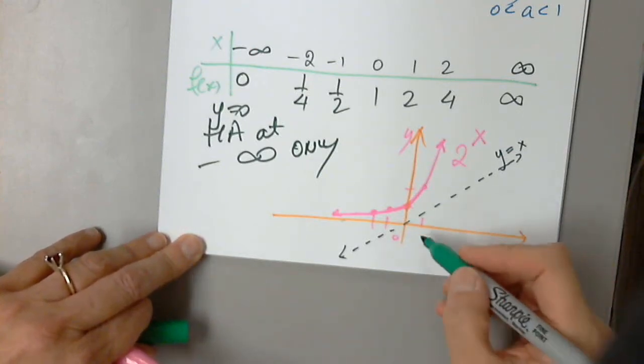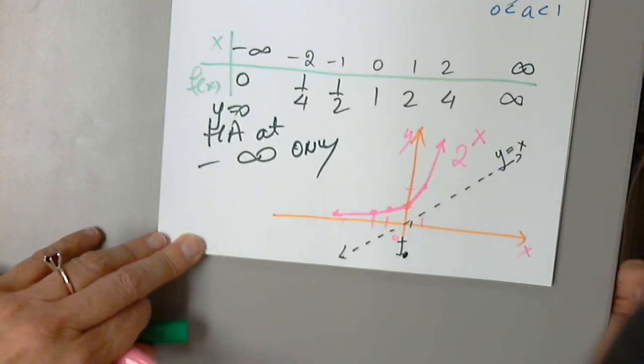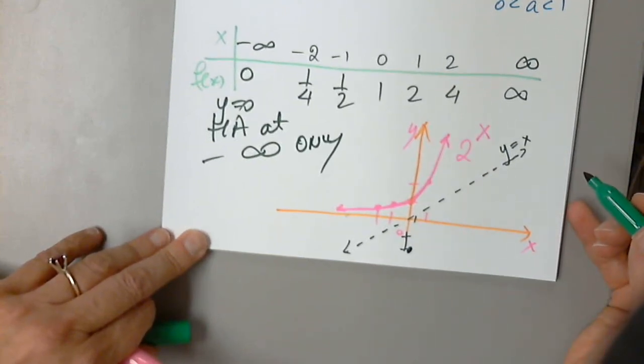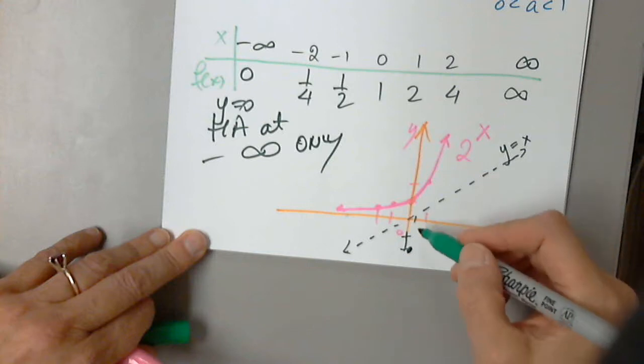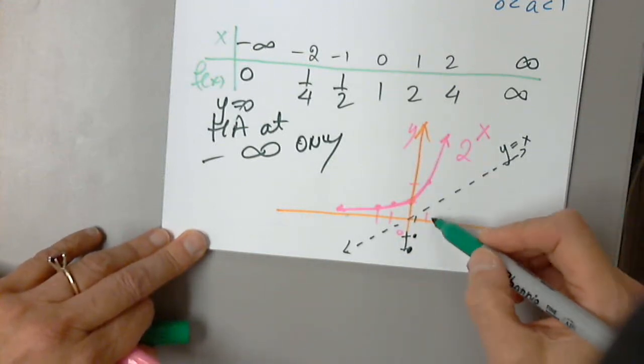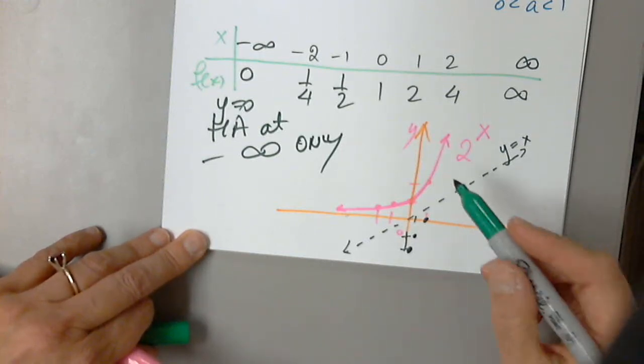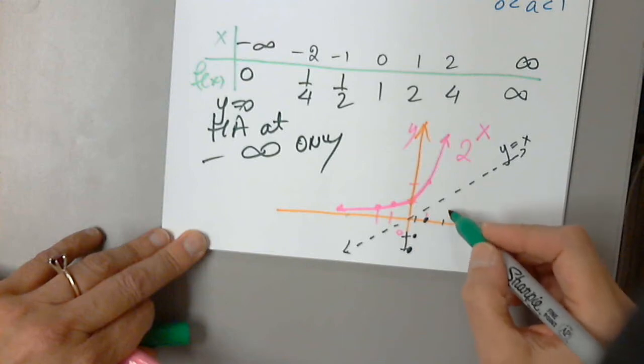So we have to look at what we have. 1/4, -2. I completely agree with 1/4, -2. Great job. 1/2, -1. Excellent. 1, 0. Excellent. 2, 1 indeed. 4, 2.